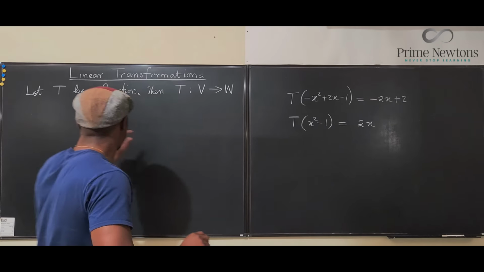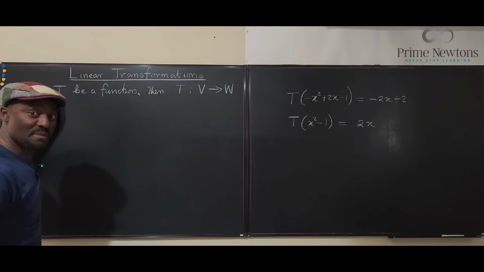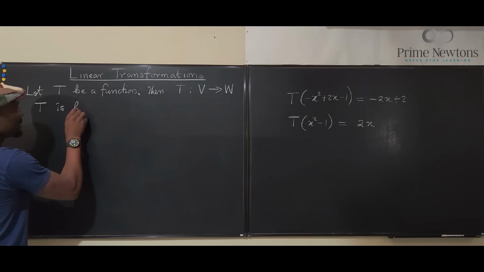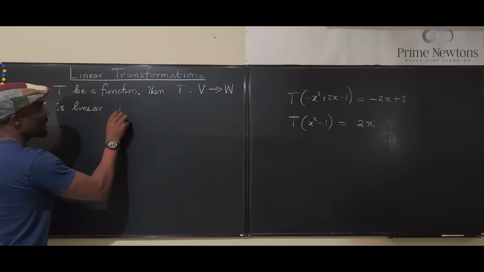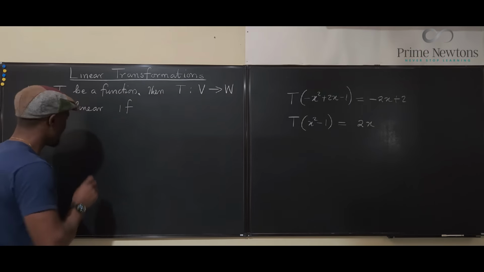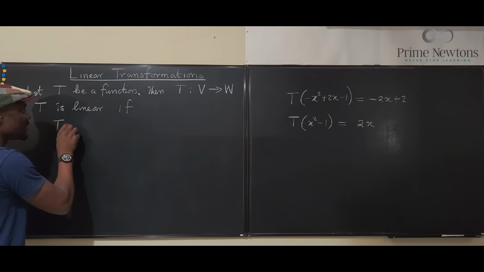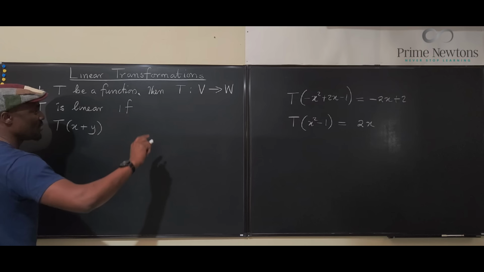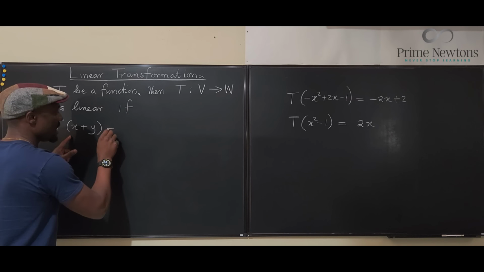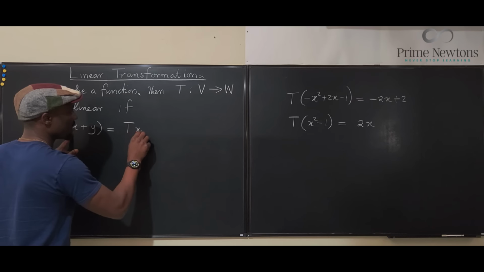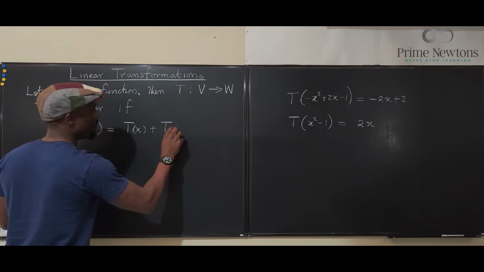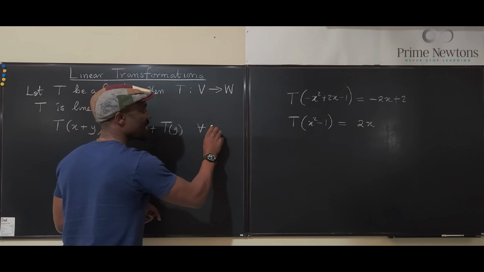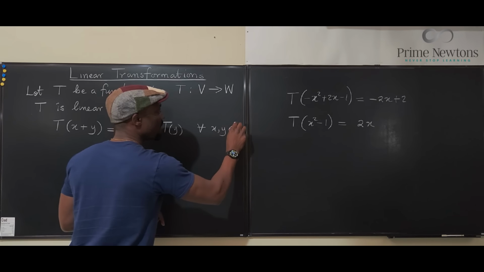The first condition for T to be a linear transformation is that T is linear if T of any two functions, x plus y, equals T of x plus T of y for all x and y taken from the domain.